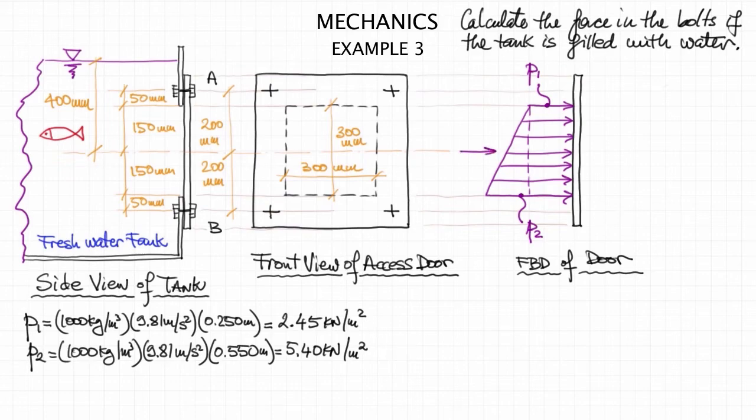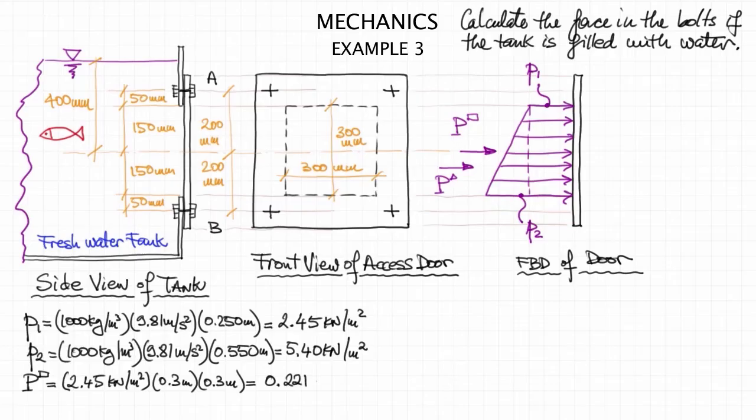This is a trapezoidal pressure block, so we can divide it into a rectangular pressure block and a triangular pressure block, and then calculate the equivalent concentrated forces for the two blocks. For the rectangular block, that is equal to the area of the diagram times the width perpendicular to the screen of the diagram.